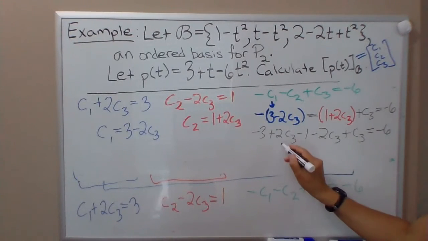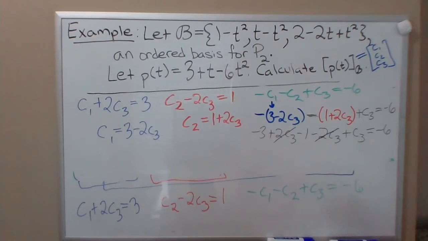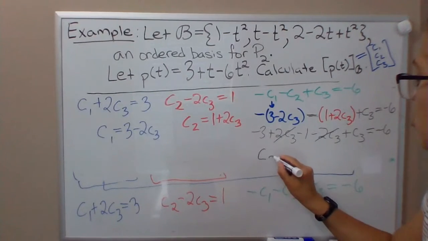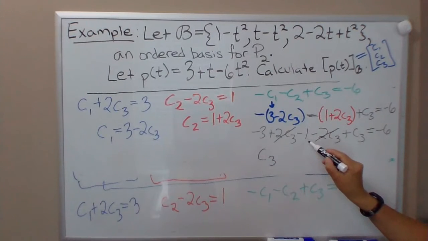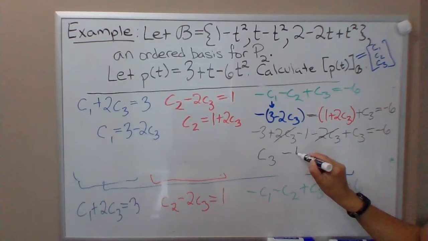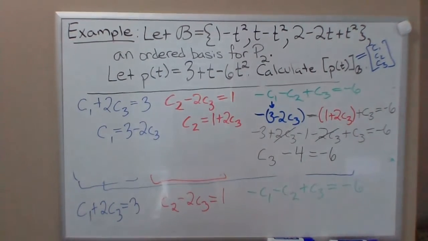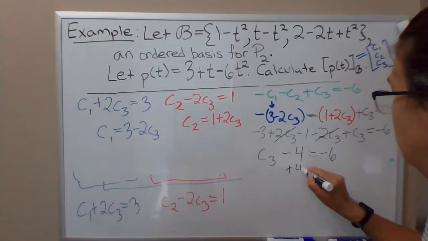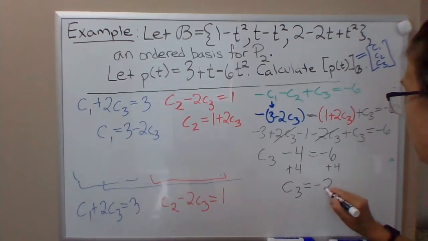Combine like terms. 2C3 minus 2C3, oh, that's convenient. Those cancel each other out. And so we have just C3. And then negative 3 minus 1, as long as I've kept track of my signs properly, is negative 4 when you put that together, equals negative 6. And so C3, if we add 4 to both sides, equals negative 2.